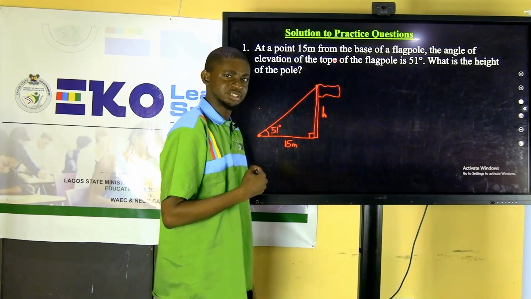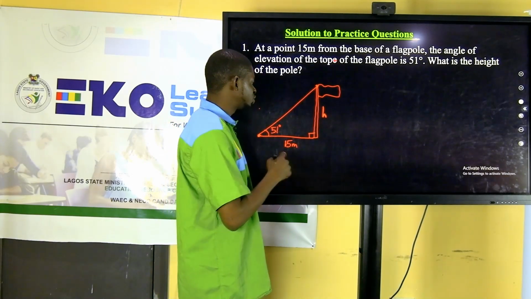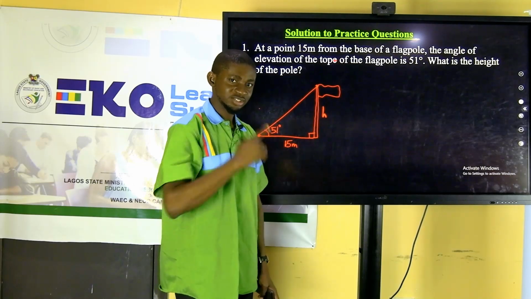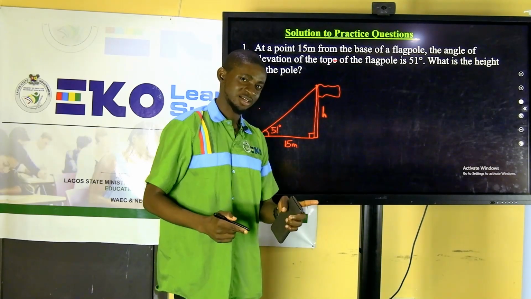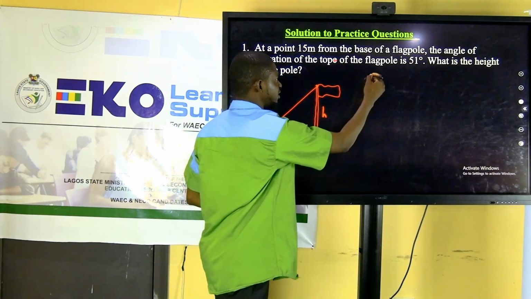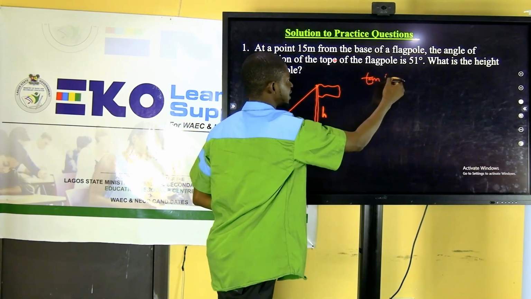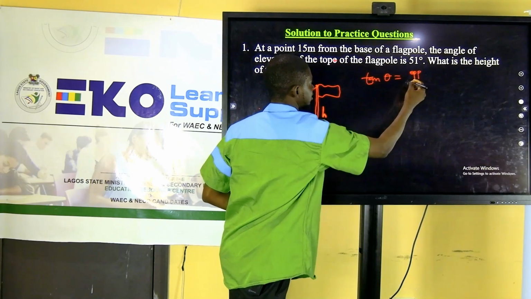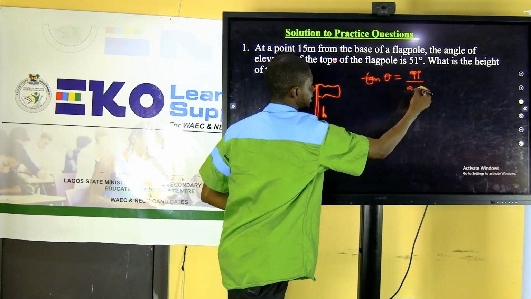Now we think about it. Which of the trigonometrical ratios combines opposite and adjacent? Tan. Fantastic. So that means tan theta equals opposite over adjacent.